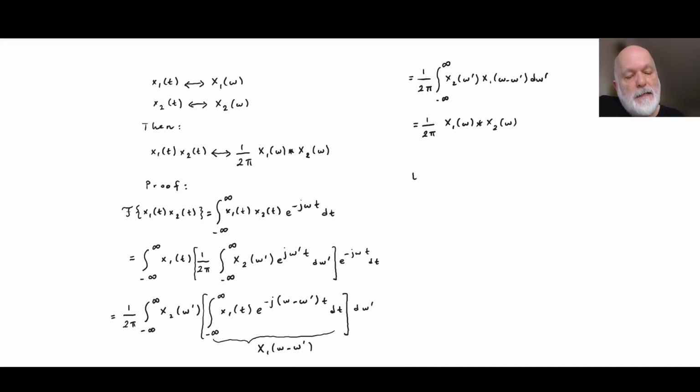Now let us see an example, and this is a rather important example because it is sometimes known as the frequency shift property. So let us write it here, frequency shift property, but it is only an application of modulation property.